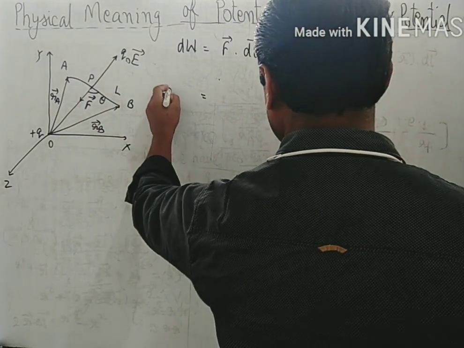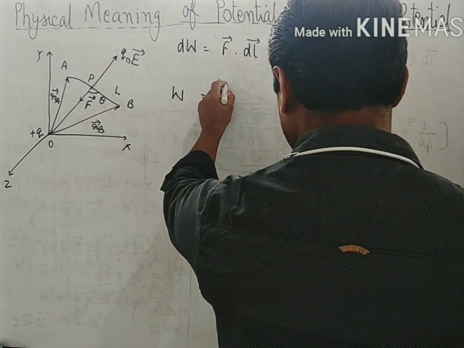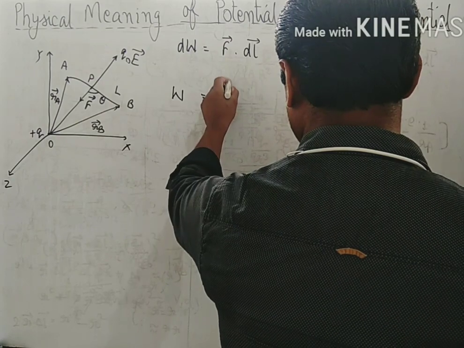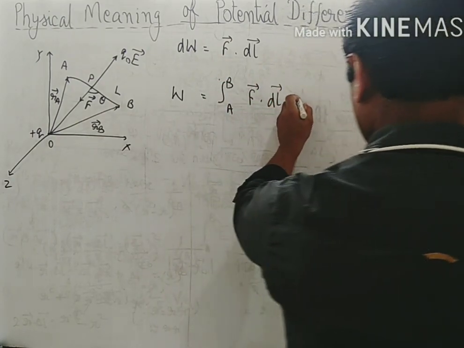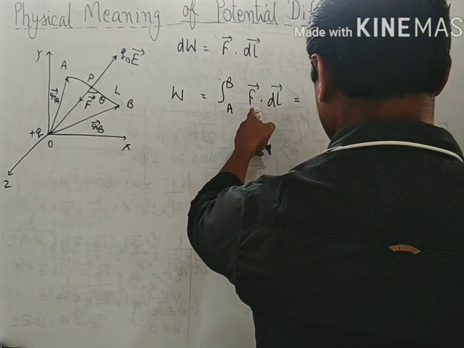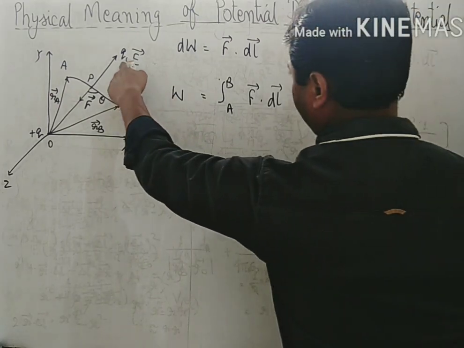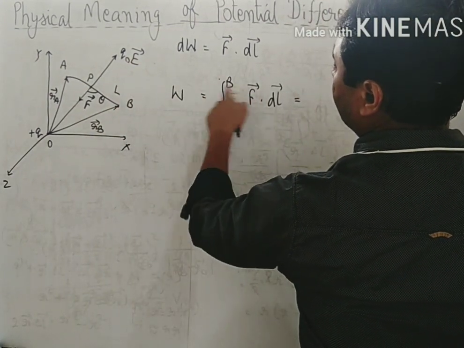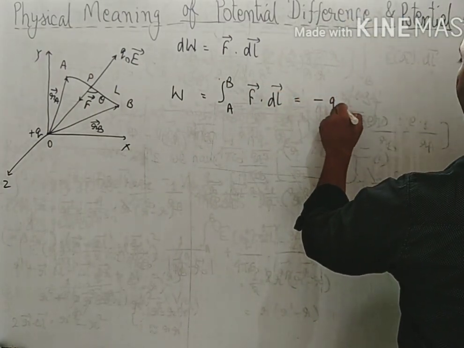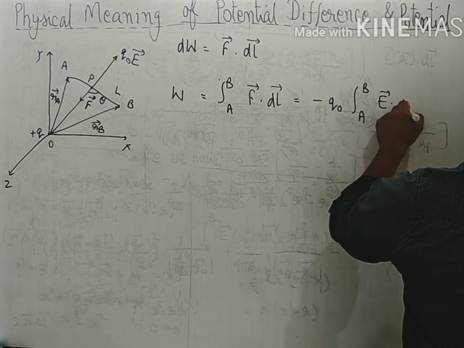So here the W can be calculated by integrating this on both the sides. So integral from A to B, vector F dot vector dl, and this will be equal to, if we now have this value of F, and this F is minus Q naught E. So just minus Q naught will be common, take it out: minus Q naught integral from A to B vector E dot vector dl.